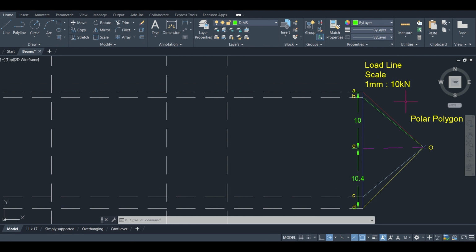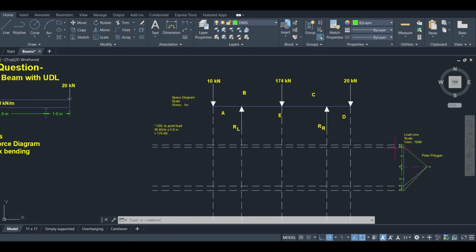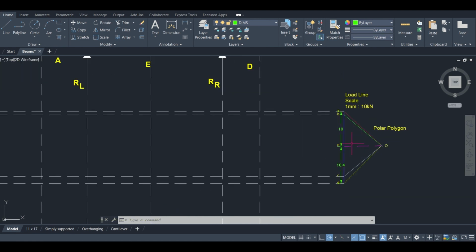And another way we could remember that this is not quite the set value, remember that the sum of those going down should be equal to the sum of those going up. And already we can see that this is far in excess of 100. So the sum of the reactions couldn't be less than 100. So we know we need to convert these according to the scale we're using.